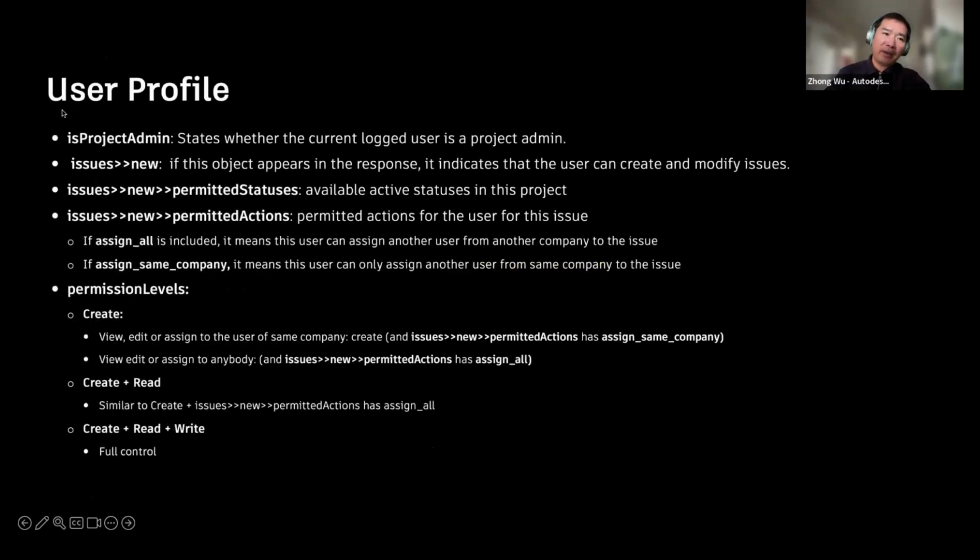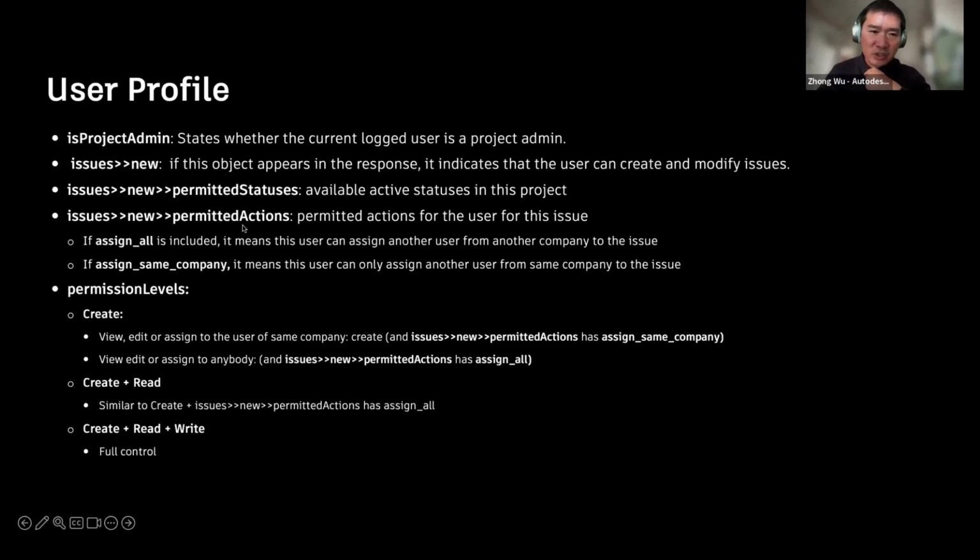The user profile is a little bit tricky. You can get all your permissions to handle the issue from this project. The main thing you may need to pay attention to is assign all or assign same company. If you get the user profile of the issue, if there is a value, it means you have the permission to create an issue, and the kind of permission you have is given by this one.